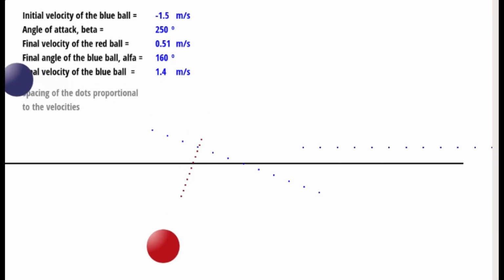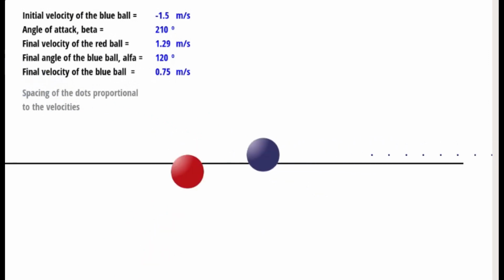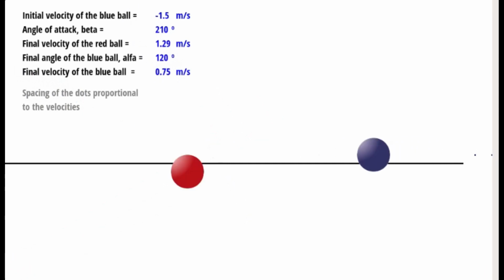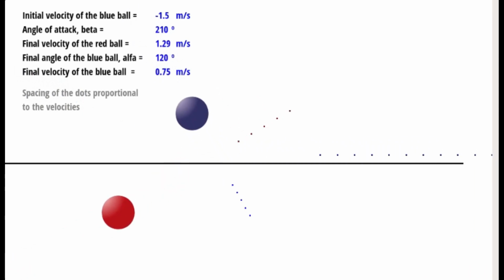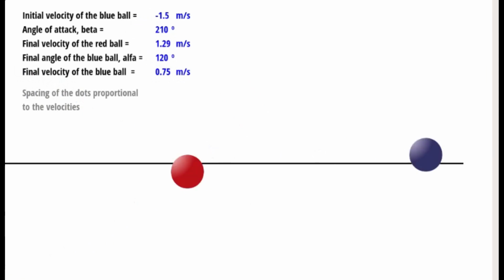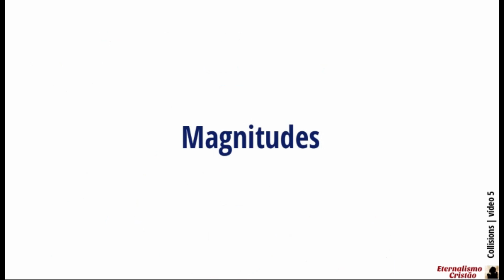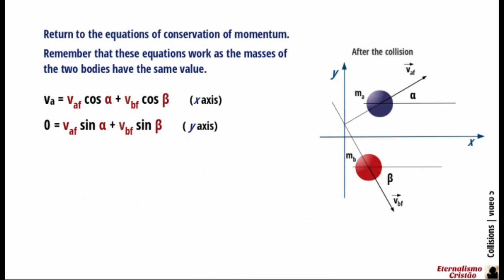Confirm that alpha, always, equals beta minus 90 degrees. Remember that these equations work as the masses of the two bodies have the same value.